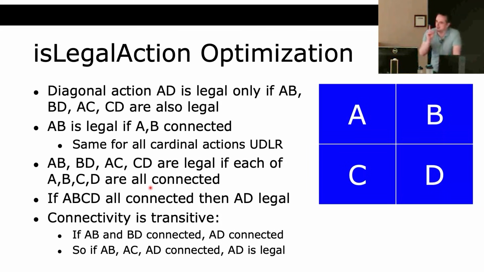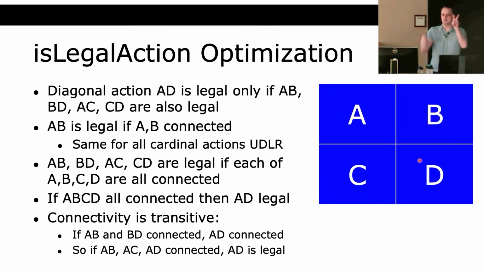And since connectivity is transitive, if AB and BD are connected, then A and D are connected. So if AB, AC, and AD are connected, that's 3 checks, then the action is legal.